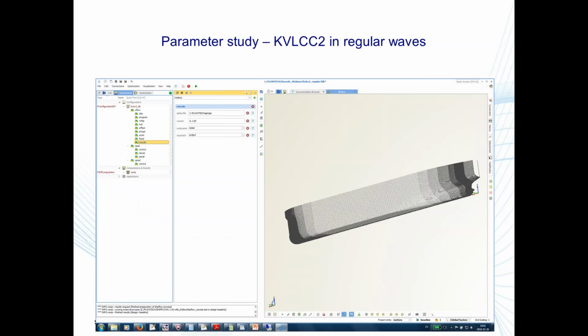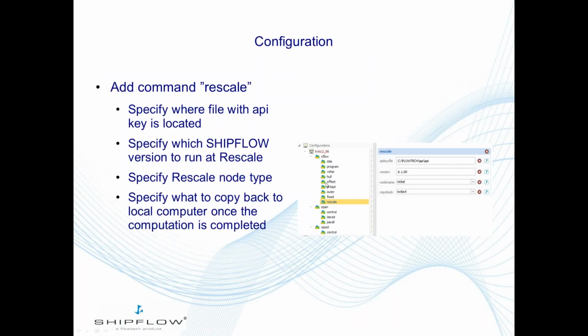So we will vary the wavelength of the incoming wave, and we'll monitor wave resistance and RAOs. As I showed in the demo, compared to a regular configuration, you need to have the Rescale command. You need to set the keywords, the API key, the path to that file, the version you want to run, the node you want to use, and what you want to copy back.